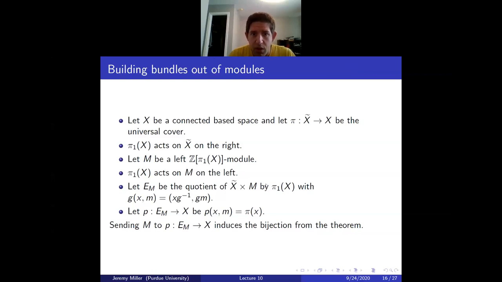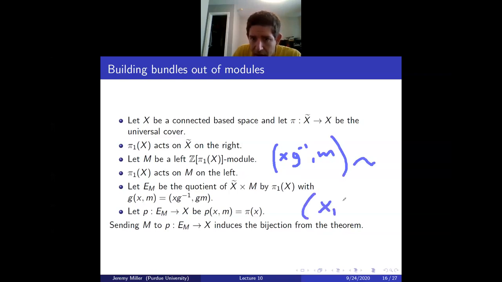In other words, the point of this is supposed to be that if we think of modding out by an equivalence relation, then (x g⁻¹, m) is supposed to be equivalent to (x, gm).